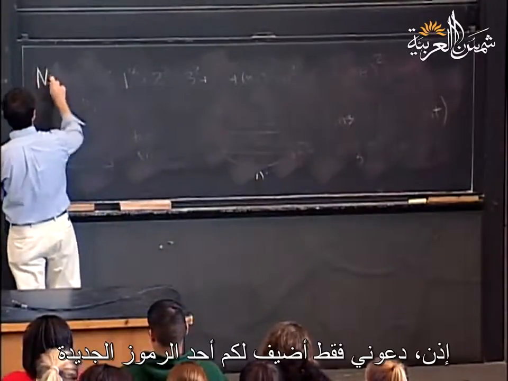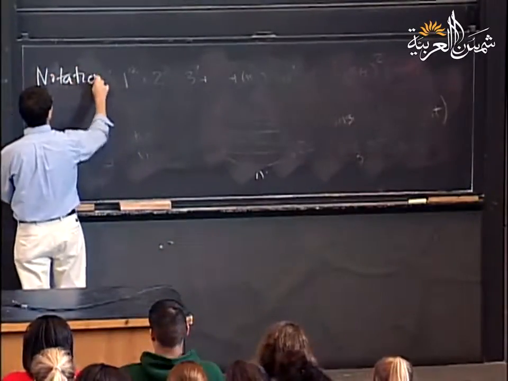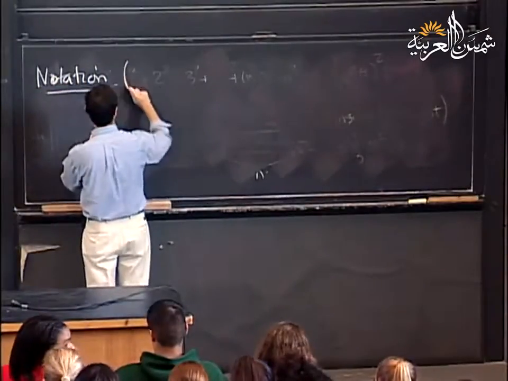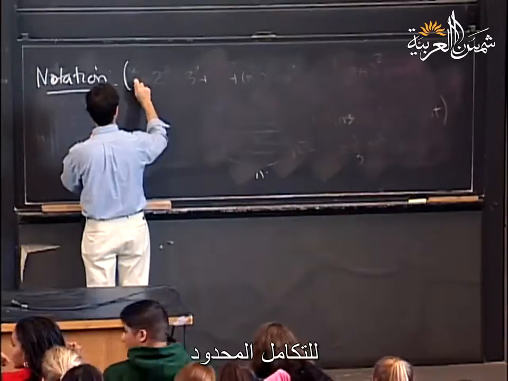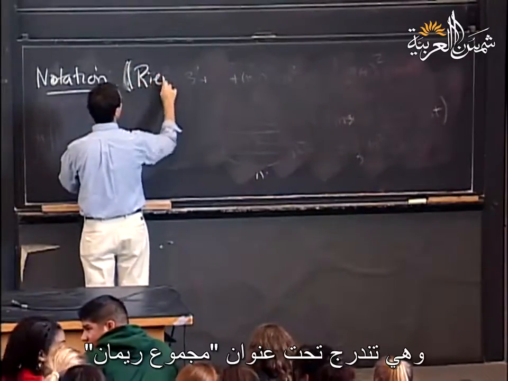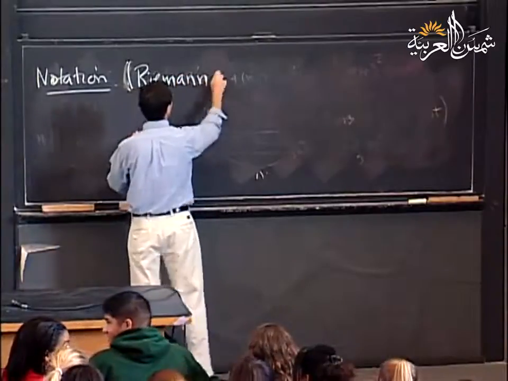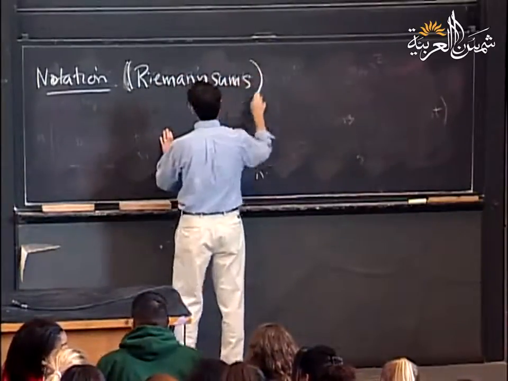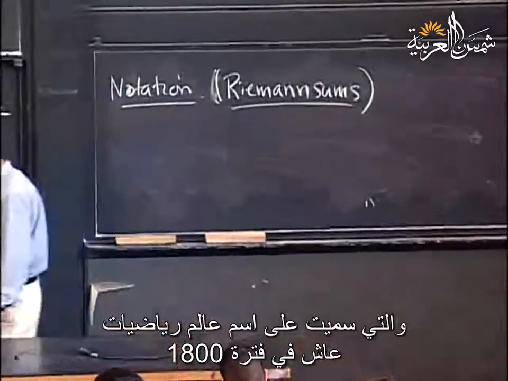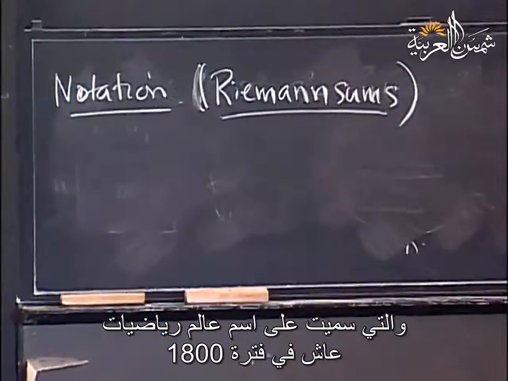So let me just add a little bit of notation for definite integrals. All right, and this goes under the name of Riemann sums, named after a mathematician from the 1800s.